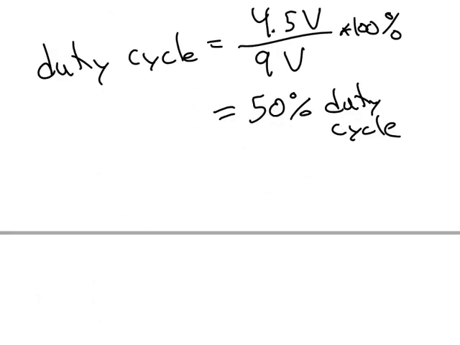So now I can calculate the amount of time that we need to leave this pulse width modulated signal on for. If I divide the distance by the speed, what I'm left with is time.